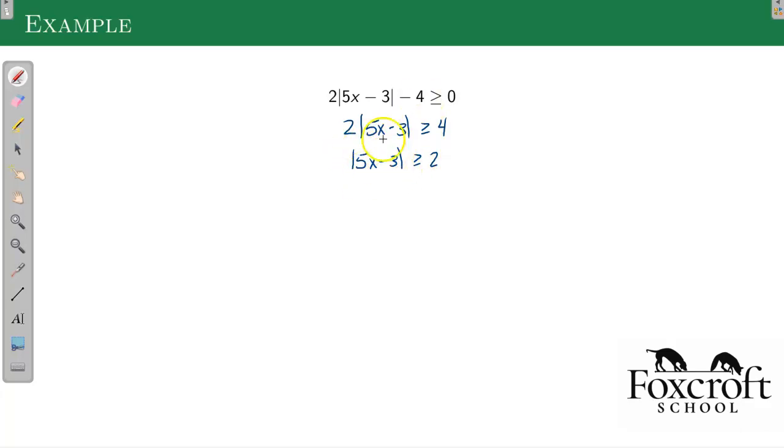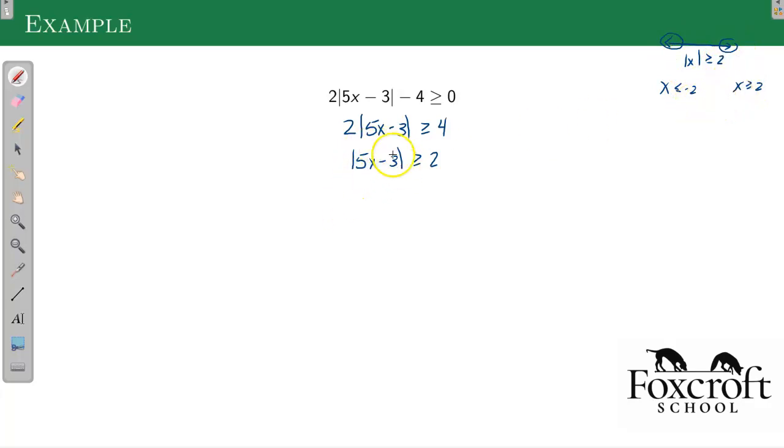And now I think about it: if I have an absolute value being bigger than a number, that means I want the outsides of the number line, because I want my distance to be bigger than this number. So I separate into 2 separate inequalities. You can see in my test example here, whatever's inside the absolute value has to be to the left of -2 and to the right of +2.